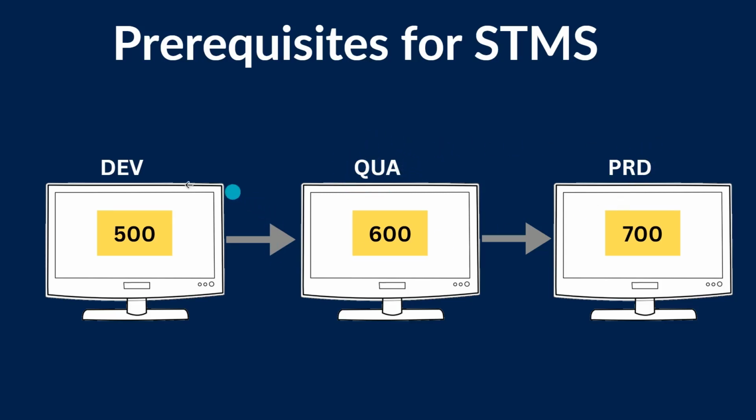Why should it be unique? Because you may get confused, even the system may get confused. If it should be dev, it should be dev, and quality and production likewise. If you give the development SID to the quality system also, you may get confused. So it should be unique throughout the landscape.